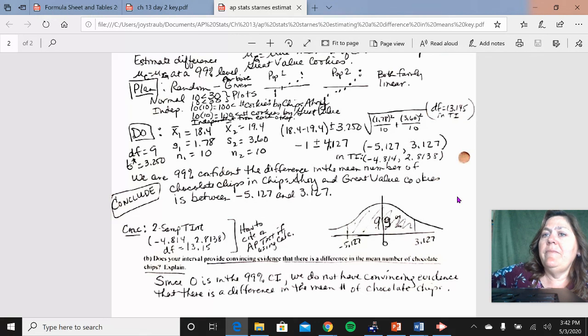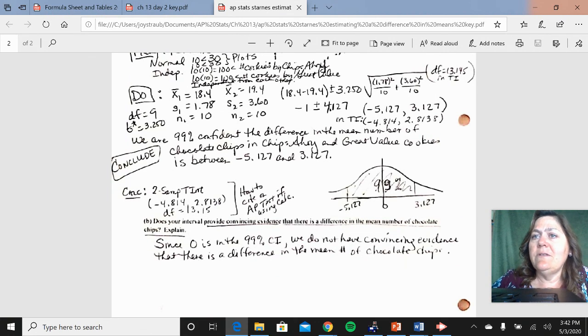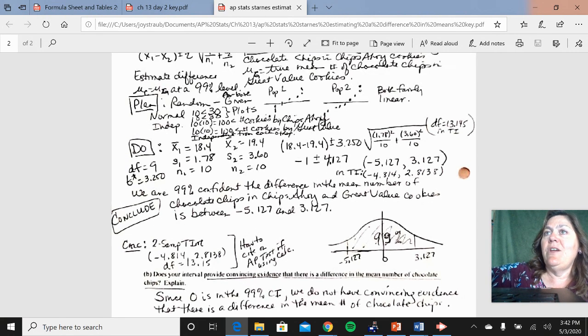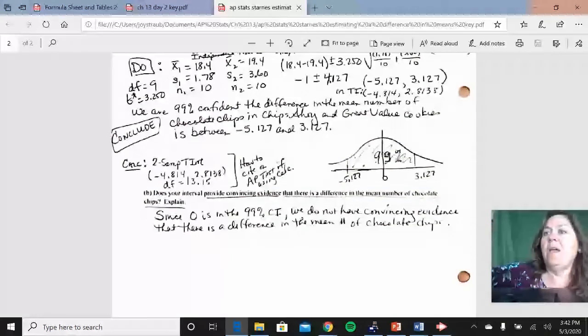Well, in this case, our 0 is in this 99% CI. 0 falls in here. So with that, we do have convincing evidence that there is a difference in the mean number of chocolate chips. Okay? So without running a significance test, we would have found that we were going to reject the H0 and see there is a difference between the generic brand and a name brand cookie there.